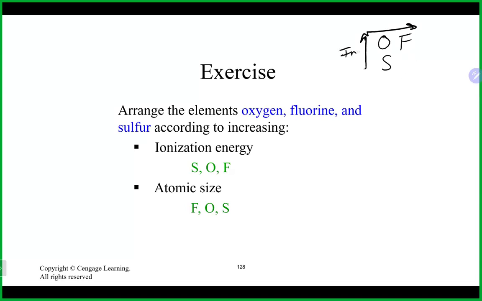So it increases in terms of ionization energy, and it decreases in terms of size this way. So fluorine should be the smallest, and sulfur would be the largest in that case. Electron configuration, periodic table, periodic trends. Any questions? All right, that wraps up chapter 11.